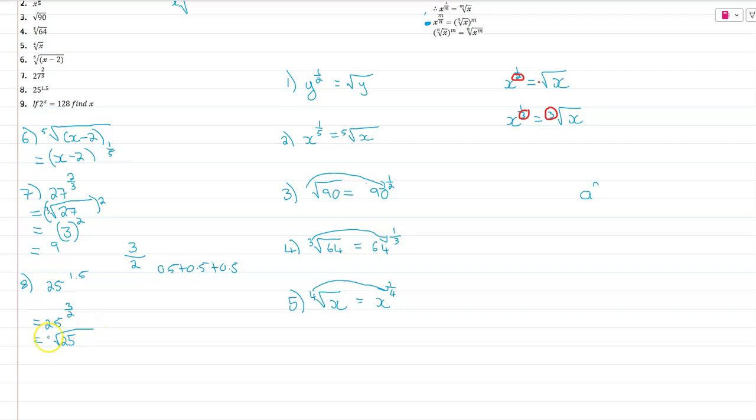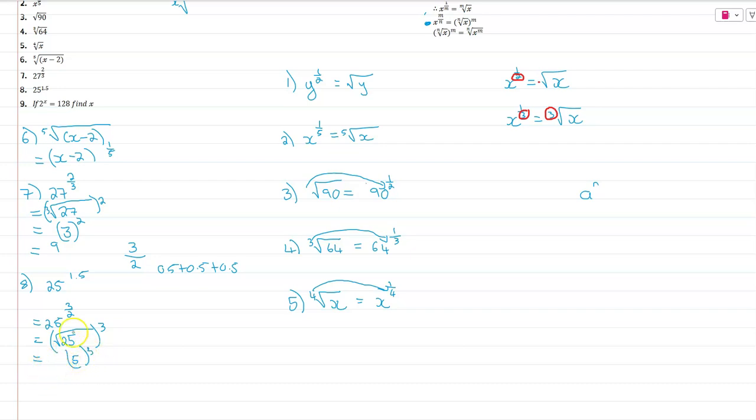And what would the index of our root be? It would be square, so we don't have to write anything down. But this square root is combined with a cube. Now we need to find out, what is the square root of 25? What multiplied by itself gives you 25? That would be 5. But hold on, we still need to cube it.